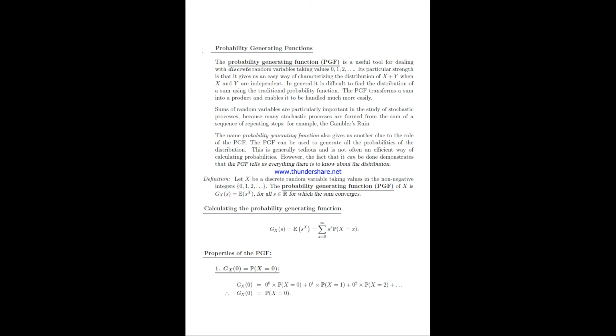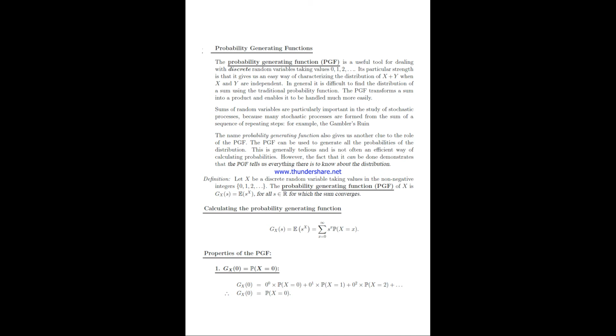So you can easily apply probability generating functions to find the distributions, the variances, and the mean values. It would be much easier than applying the normal procedure to do the calculations.